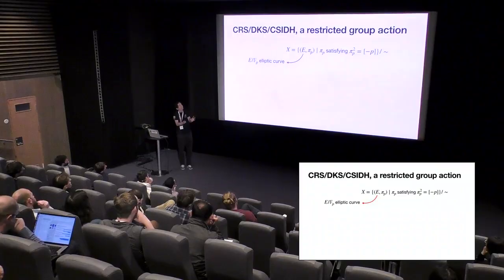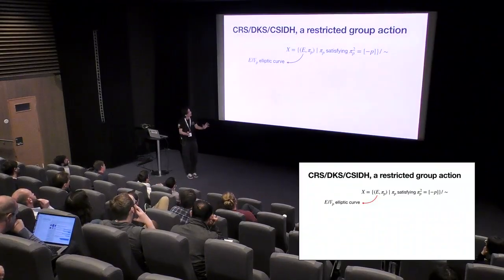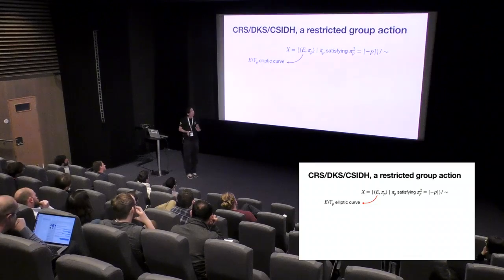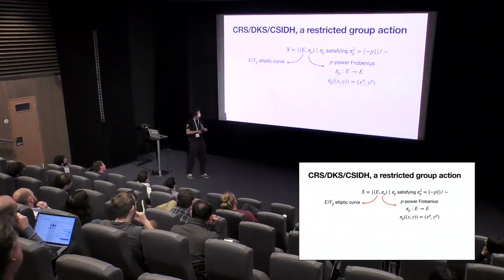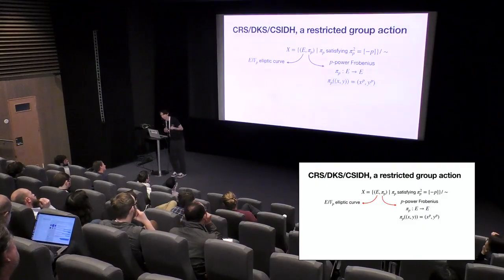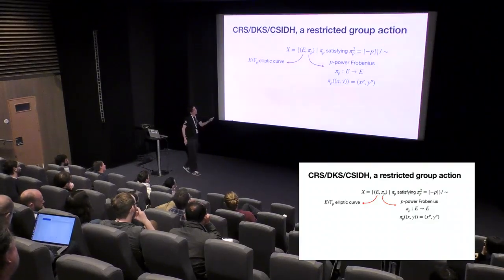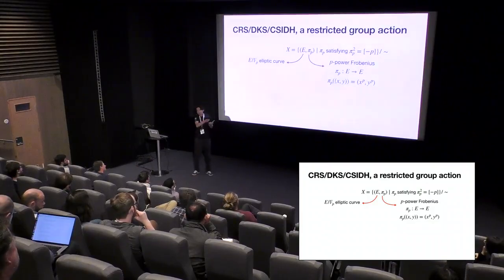So our set consists of certain elliptic curves, well defined over some fixed prime field. And all such curves have a very special endomorphism. Ricardo luckily talked a lot about the endomorphism ring. There's one special endomorphism called the Frobenius, which just takes the coefficient and raises it to the pth power.